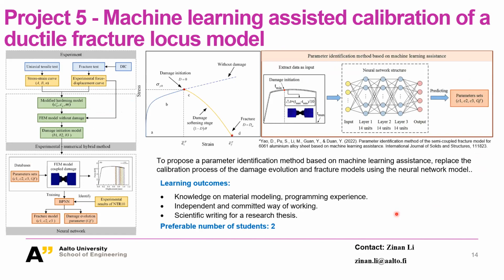Yeah. So the project 4 and 5, you can see they are all related to this high strength steel material. Like the Professor has already emphasized, the project is to connect you with a real life problem.